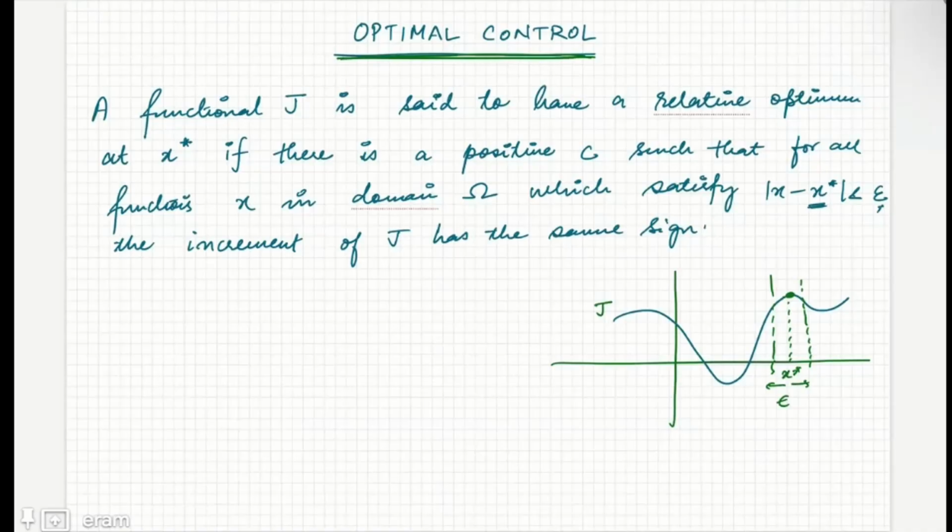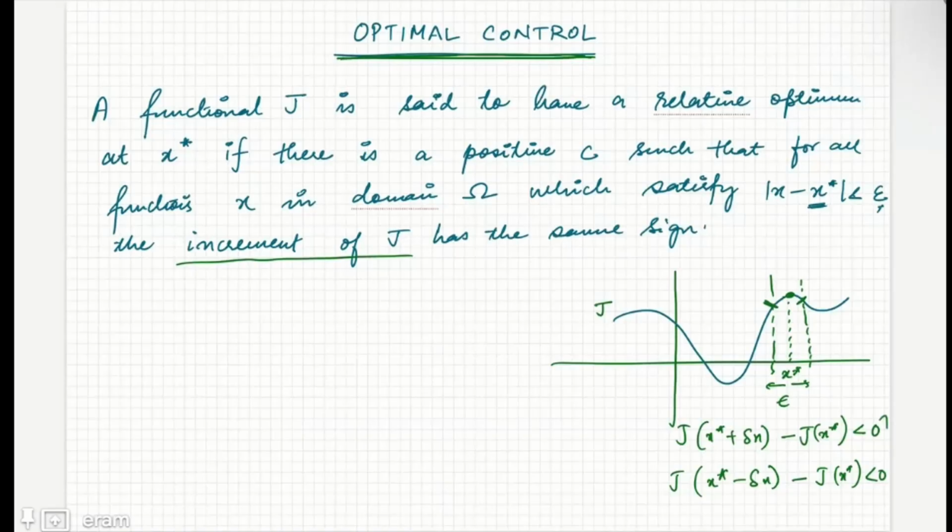Now when we analyze this system over here and here, if I find j of x star plus delta x minus j of x star, and if I also evaluate j of x star minus delta x minus j of x star, what should be the sign of this increment? Since this value is less than this value, it is less than 0, and here also it is less than 0, means the increment of j has the same sign.